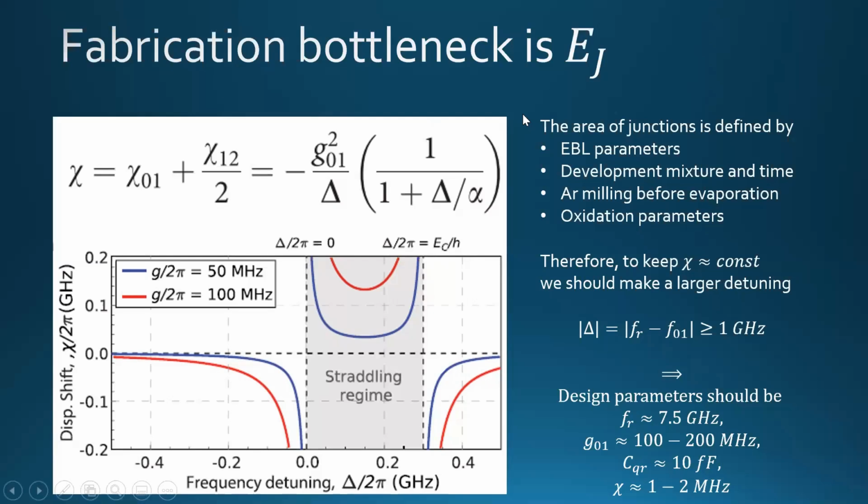The most difficult to achieve is the reproducibility of our Josephson junctions, because they are defined by many parameters in the fabrication, for example, by EBL parameters, by the development process, which is always a bit different, by argon milling, which parameters can also drift away because many users in the clean room use the tool, and finally by oxidation parameters.